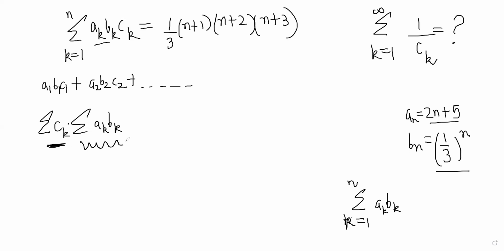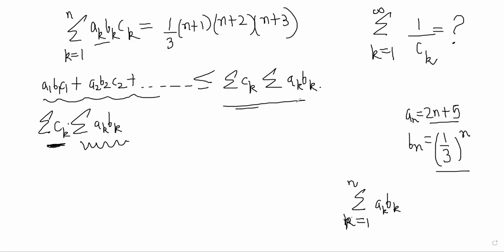Because I know this. Okay, at least I can say one thing, that this summation will be less than or equal to this. Correct? That is for sure. Do you understand why? Because there are many extra terms you are getting here, no?